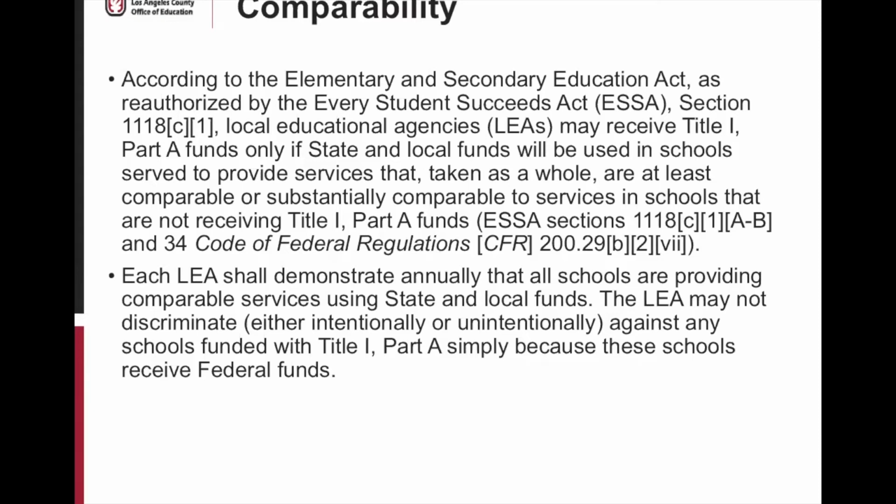And the LEA can't discriminate, either intentionally or unintentionally, against any Title I funded school just because they received those federal funds. So it's another safeguard to ensure that Title I funds, again, we talked about supplement, not supplant. Well, this really is a piece of that; comparability shows that those funds are supplemental to state and local funds.